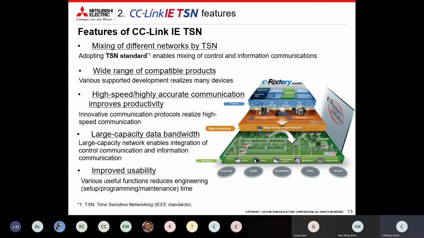And the third thing, we would like to meet high speed and accurate communication to improve productivity. Meaning you can mix control communication and information communication, but it will not mess up the control communication. And a large capacity data bandwidth is enabled to integrate the control and information communication.